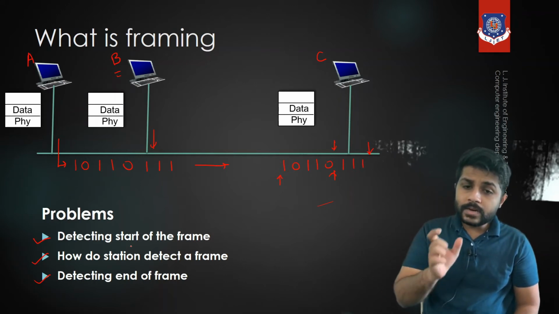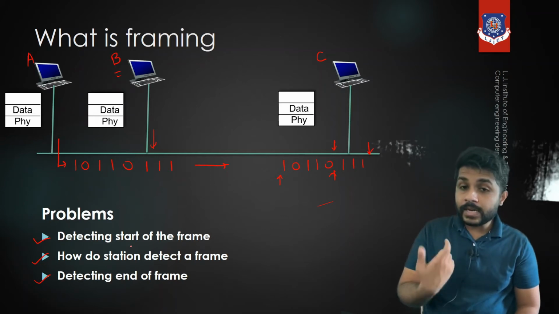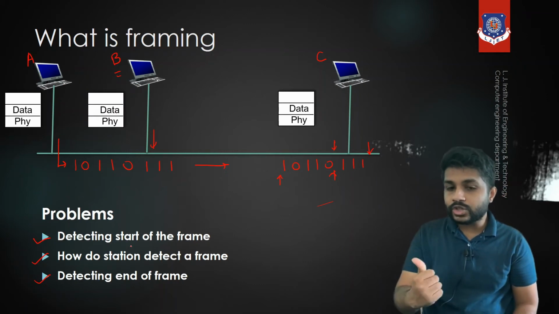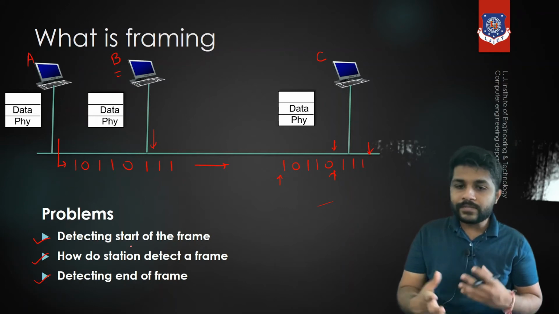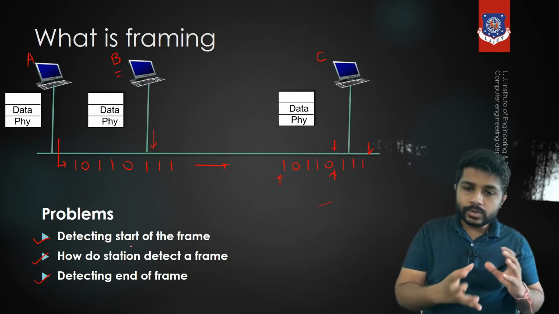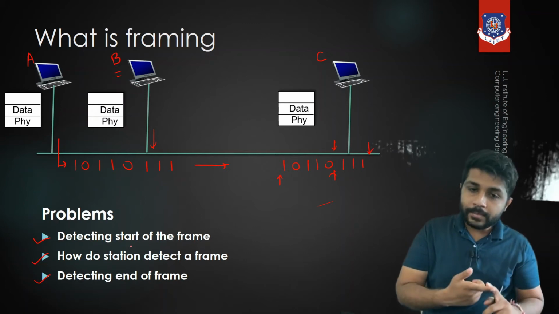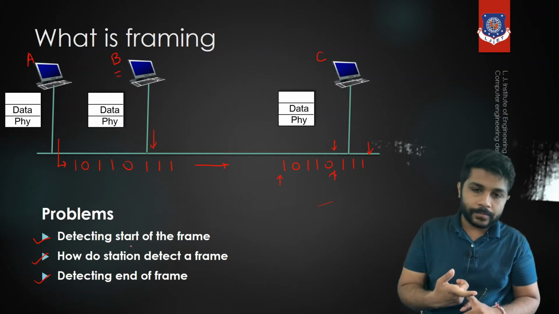So when the receiver receives the extra data, from that the receiver can understand that the data after the extra data is actually original data. We are going to see different framing methods, and using them, the receiver can easily detect the start and the end of the frame.